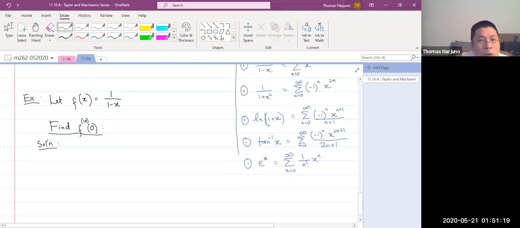Now we know that 1 over 1 minus x is representable by the series from 0 to infinity of x to the n. Is it right? At the same time, we know that the Maclaurin series for this is f^(n)(0) over n factorial times x to the n. That's the Maclaurin series.